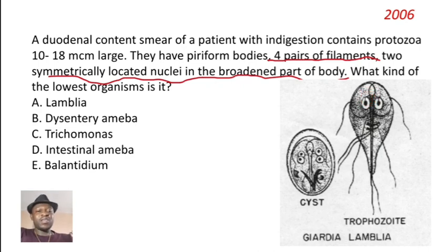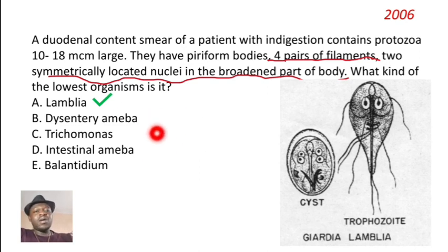Another symptom associated with lambliasis is steatorrhea, the presence of extensive amounts of fats in the feces, and also there will be foul smell. So the answer is lamblia.